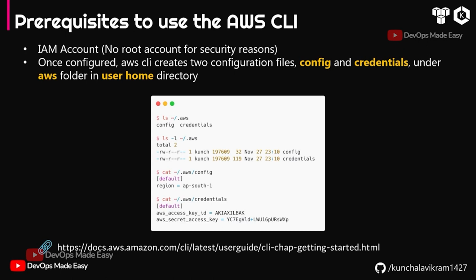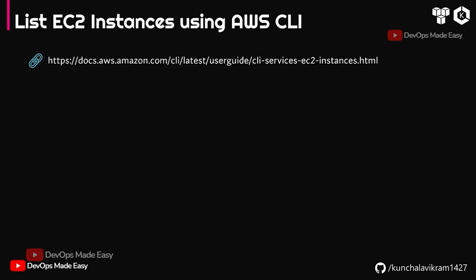The credentials file will have the credentials stored in plain text format, and the config file will have the default CLI output and default region. We'll understand all this when we do the practicals. And once we have the AWS CLI configured, we can practically do anything. We'll also understand how to list S3 buckets or how to list EC2 instances using the AWS CLI.